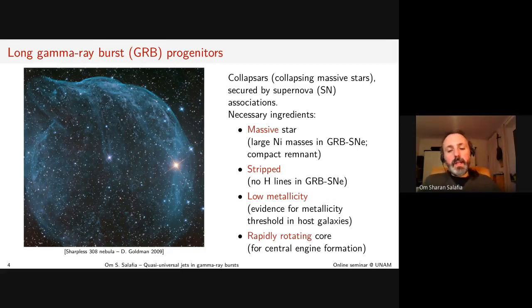And all of this also goes along with the idea that the core of the collapsing star must be rapidly rotating in order for a centrifugally supported disk to form around the compact object which is left as a remnant of the supernova explosion.